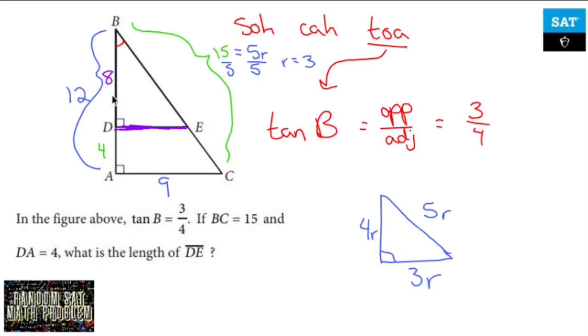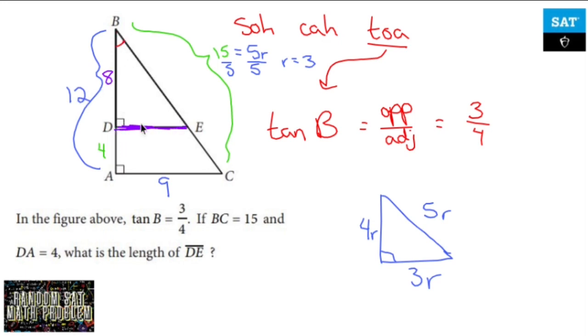Now again, we can go back to our 3R, 4R, 5R triangle. I just decreased my R. I turned this from 12 to 8, which means this is 2/3 of that. 8, my little triangle, is 2/3 of 12.